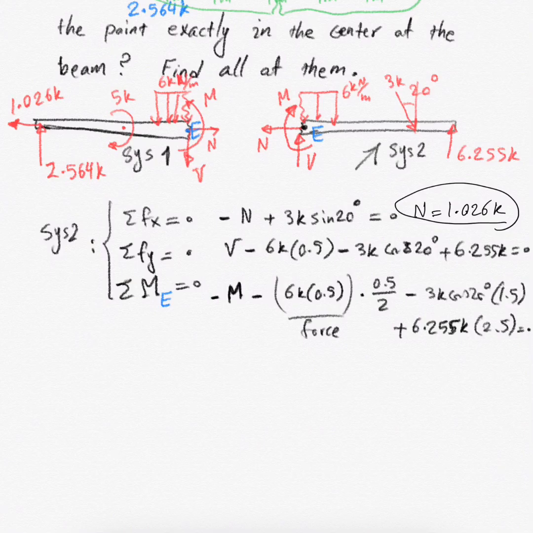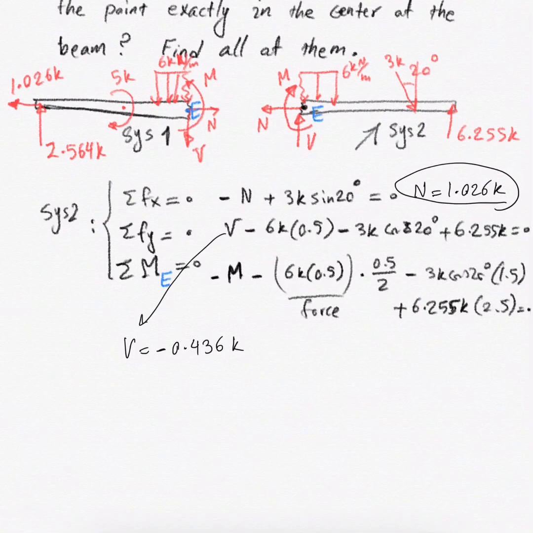So your V, let's write it here. If you solve that, your V becomes negative 0.436K, or 436 Newton. Let's double check that: 6 times 0.5, negative 3 times cosine 20, plus 6.255, and you take it to the right, it becomes negative.